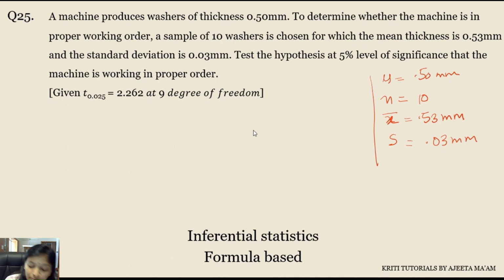Now, let's make the hypothesis first. So, null hypothesis will be what? That is, the machine produces washers of thickness 0.50 mm. Correct? So now your mu is equal to 0.50. That will be our null hypothesis. What will be our alternate hypothesis?